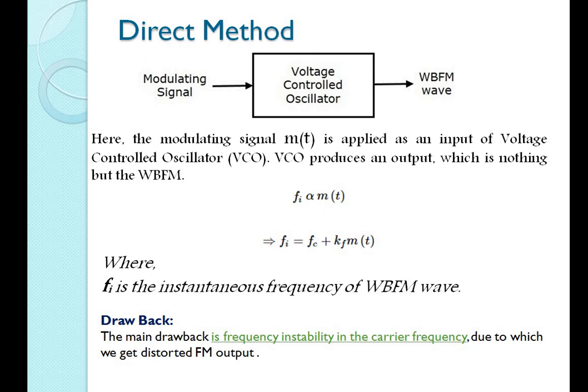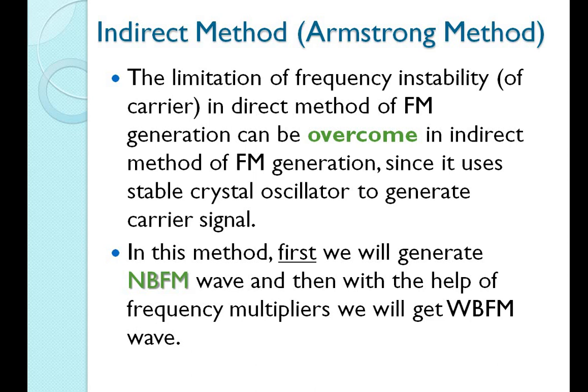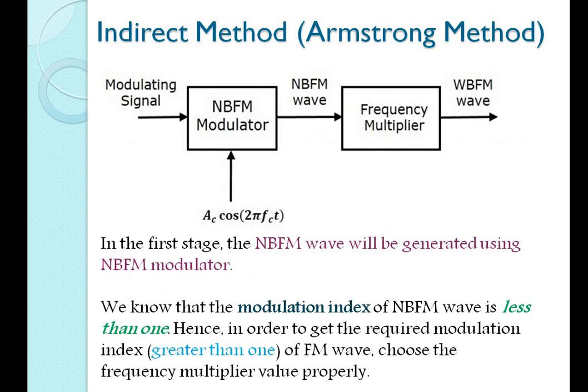To overcome this drawback, we go for the indirect method, that is the Armstrong method, which overcomes the drawback of the direct method. As the name shows, first we generate a narrowband frequency modulation wave, then it is given to a frequency multiplier. Why do we use the frequency multiplier? Because we are generating wideband modulation.